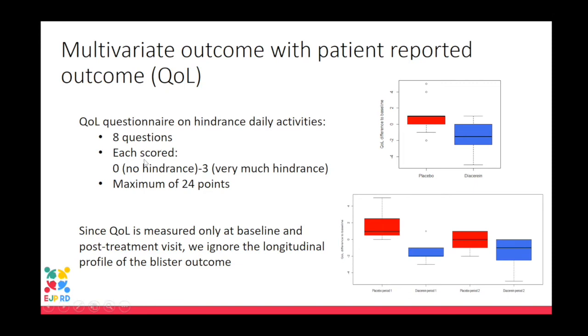Looking at the 2 treatment arms, if you take all of the treatment periods together, there seems to be quite an indication that the Diacerein treatment, which does not only decrease the blisters, as we've just seen, but also seems to improve the quality of life.